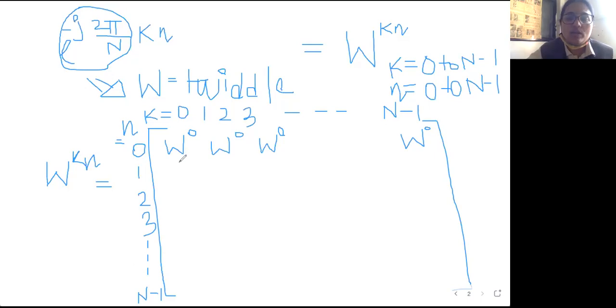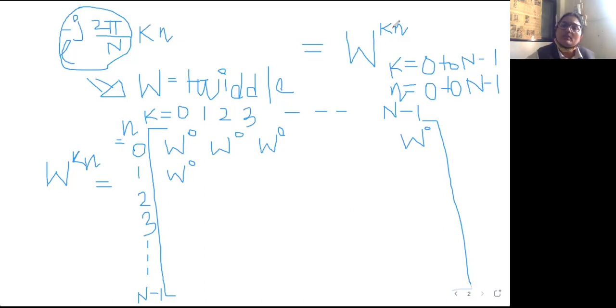In the first column, what you are going to observe is that k is 0 and n is varying from 0 to N minus 1. At the same time, k is 0. If I substitute values here, I am going to get all the values equal to 0. I substituted, and consequently how much is the value of k constantly? The value of k is constantly 0.